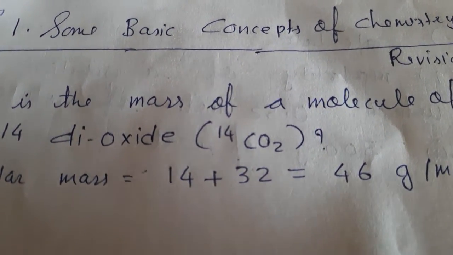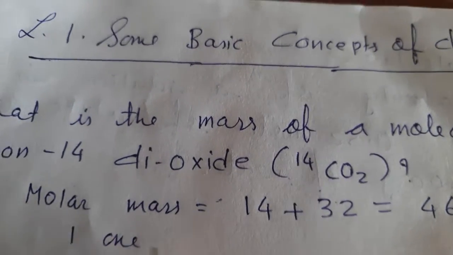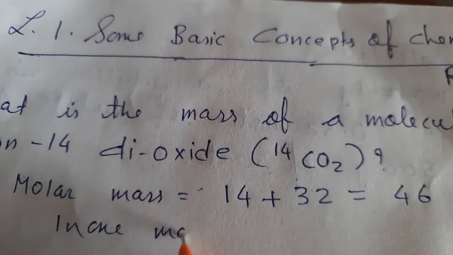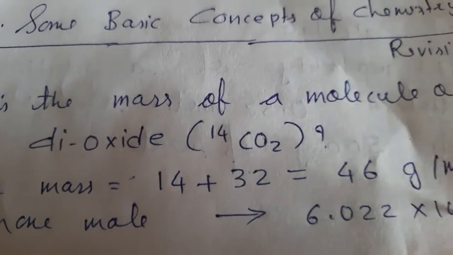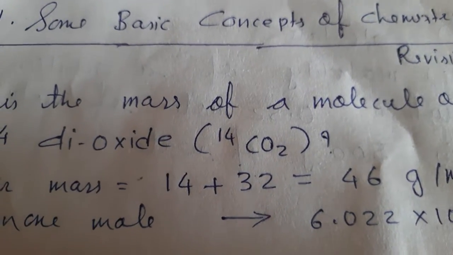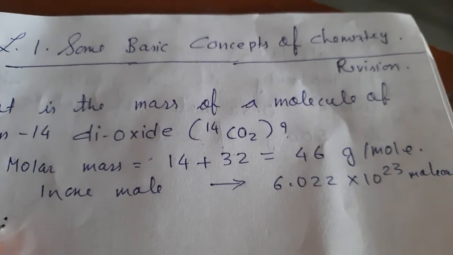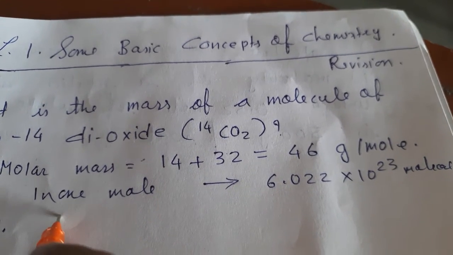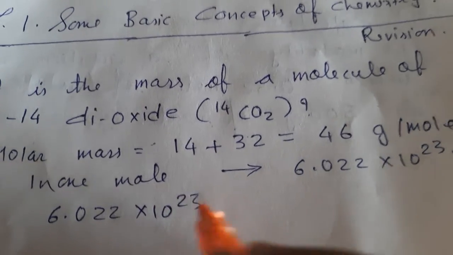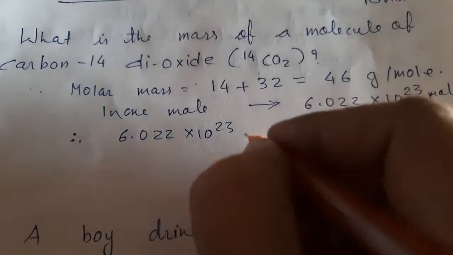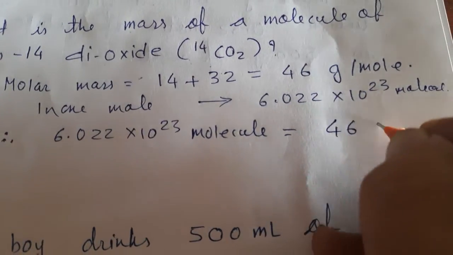After calculating this, we will understand that in 1 mole, how many molecules are there? 6.022 into 10 raised to power 23 molecules. Correct? Therefore, we will write here 6.022 into 10 raised to power 23 molecules is equal to 46 gram.